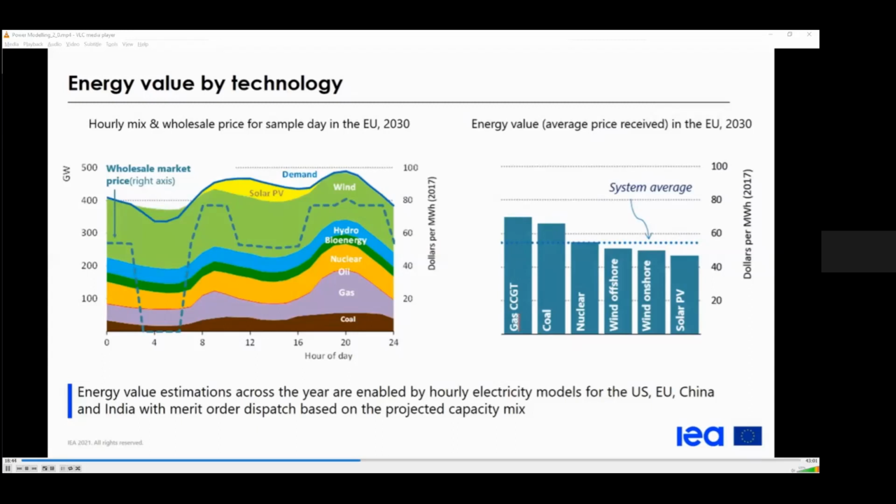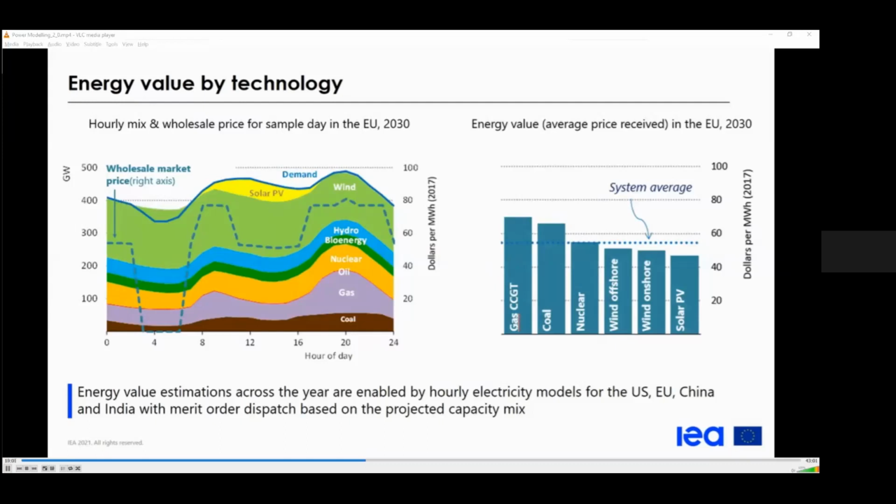Now, keep in mind that this is an example, and this is very specific to the European Union demand and supply pattern. It would look very differently in a system where the demand peak is more aligned to, let's say, solar output.